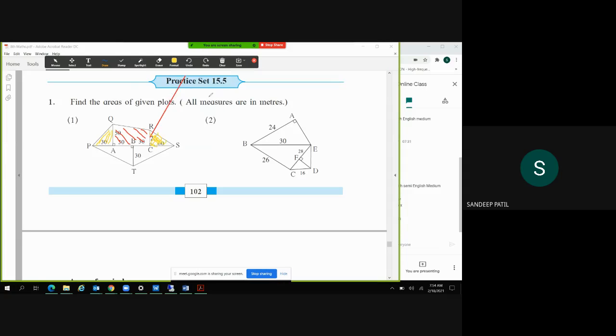And this is one big triangle. So if you calculate the area of this quadrilateral as well as the triangles and add those up, then you can calculate the area for this polygon.